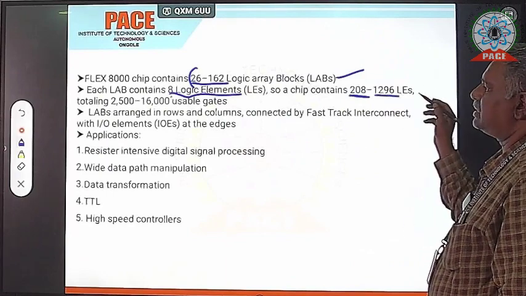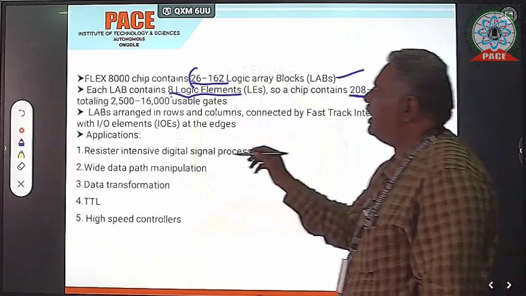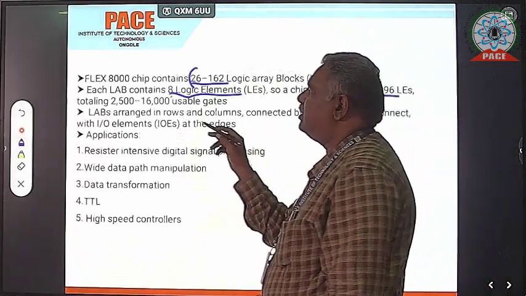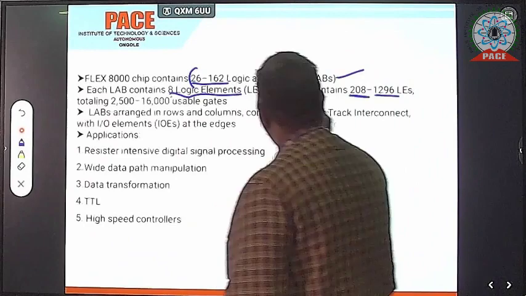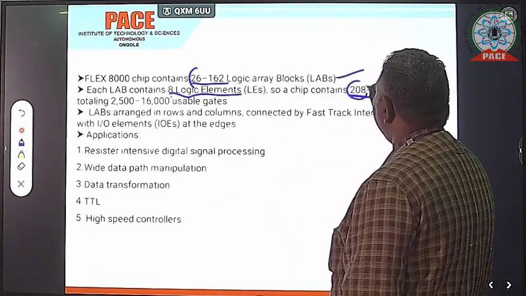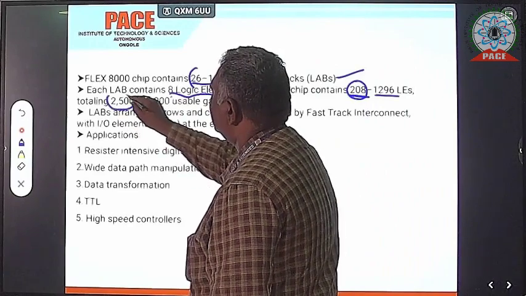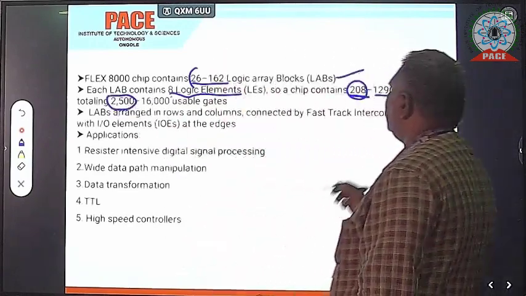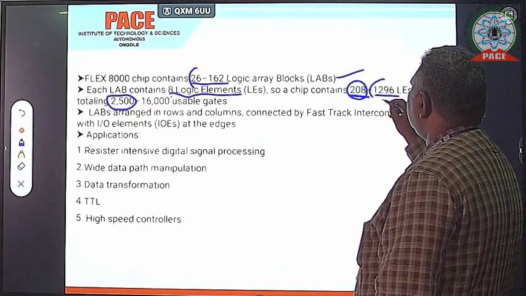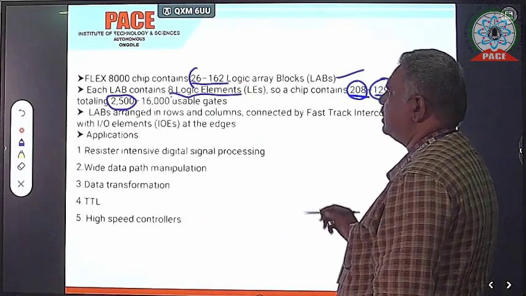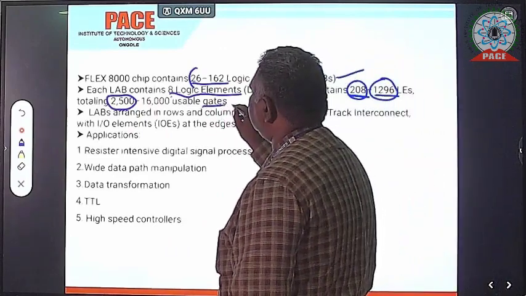And how many logic gates are we going to use? For these 208 LEs, we are going to use 2500 gates, and for 1296 LEs, we are going to use 16,000 gates.